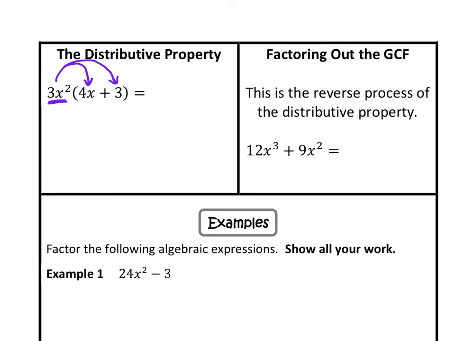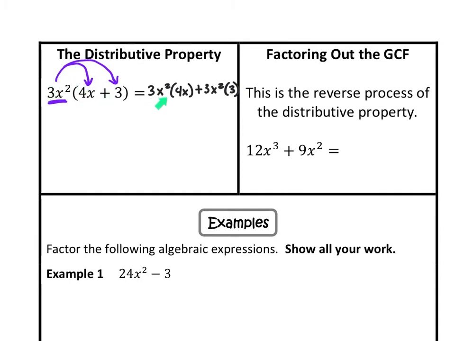So when I multiply, I'm going to end up with 3x squared times 4x plus 3x squared times 3, making sure that 3x squared gets multiplied with each term.